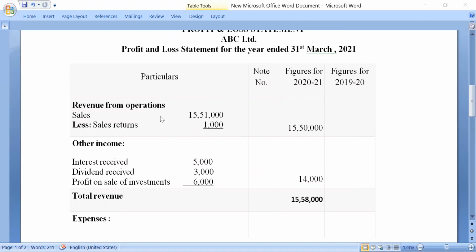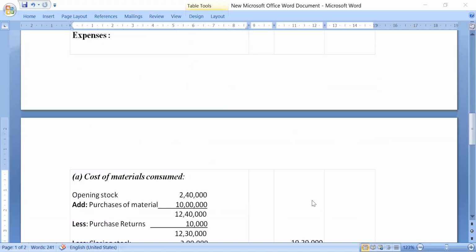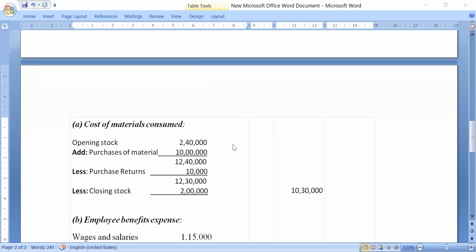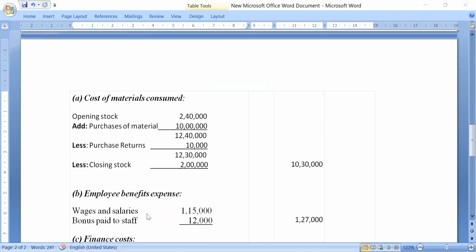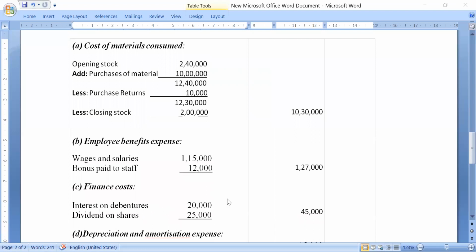If you remember the format again, we first had two items of income, the major heads of income, that is revenue from operations and other income. The total of these two was total revenue. Then we had expenses. Under expenses, we have cost of materials consumed, purchases of stock-in-trade, employee benefit expense, finance cost, depreciation.